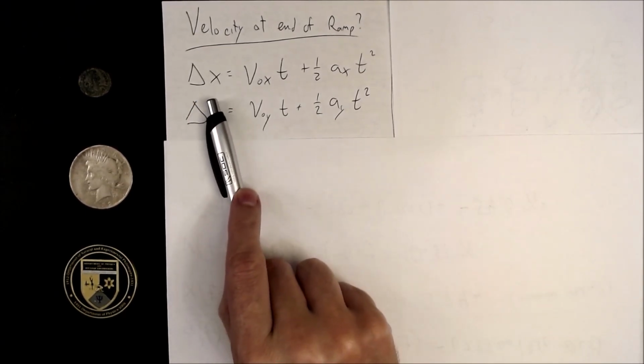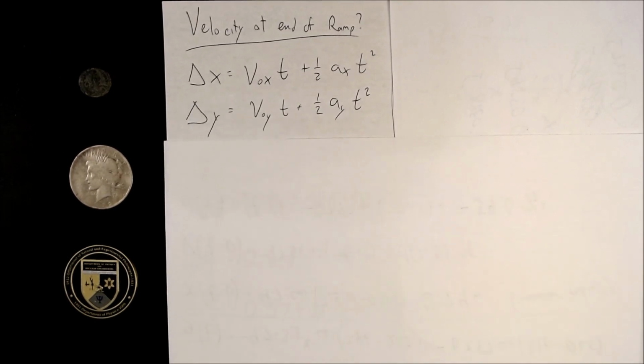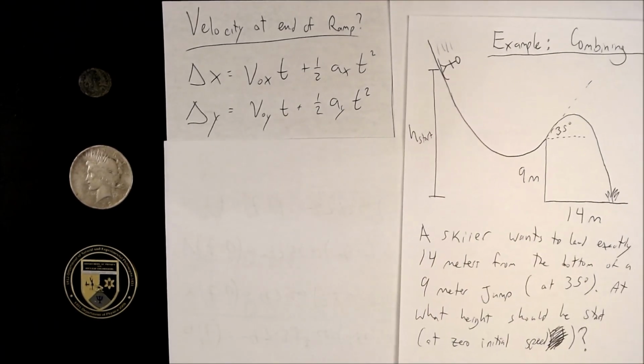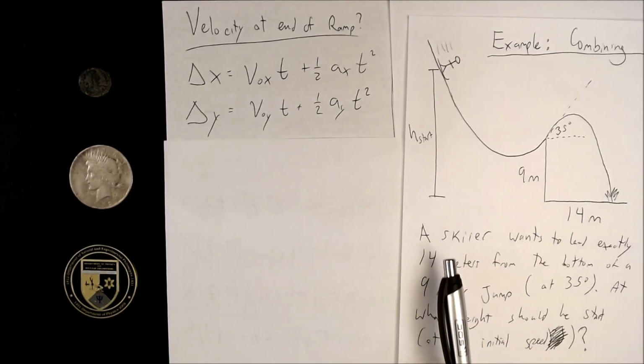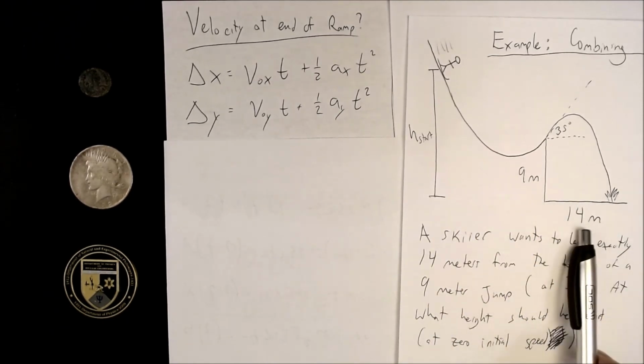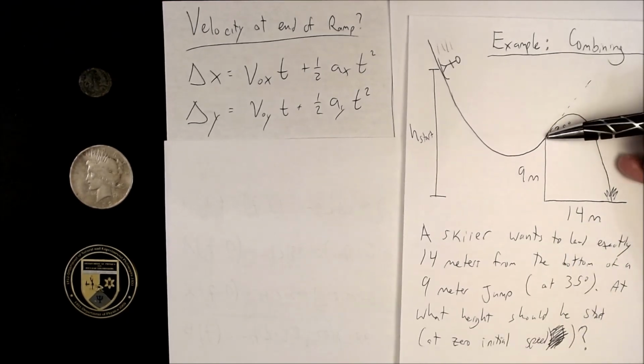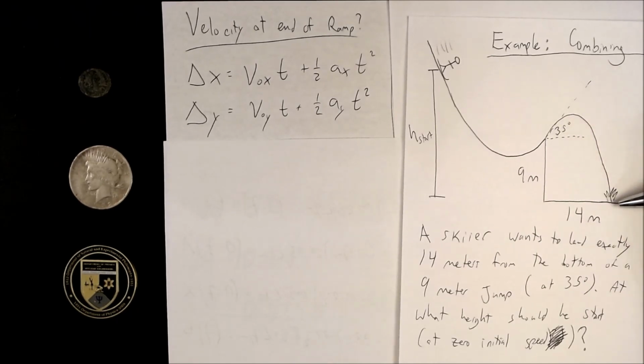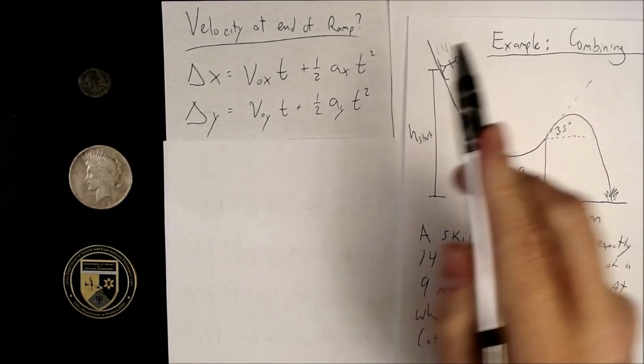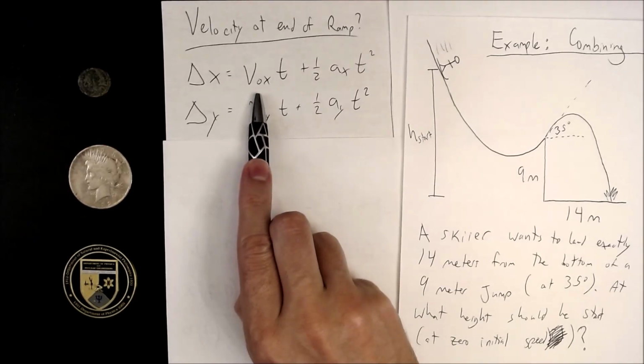What is delta x going to be in this problem? Well, it looks to me like delta x is going to be 14 meters. Our starting point is there, so we need to go right 14 meters. What is v naught x going to be?